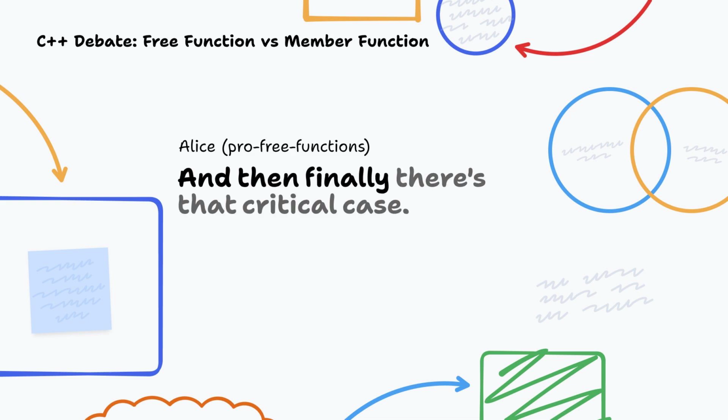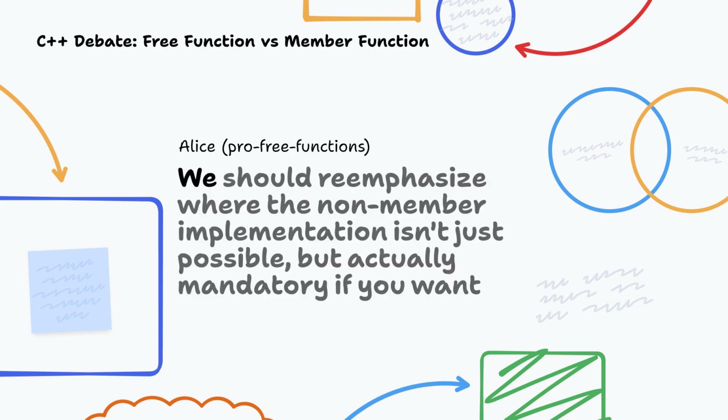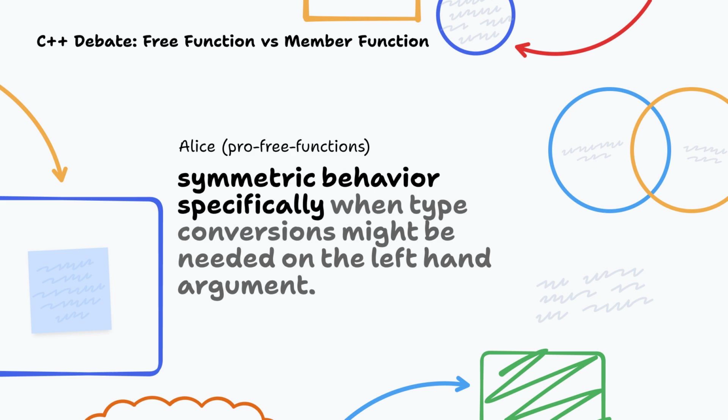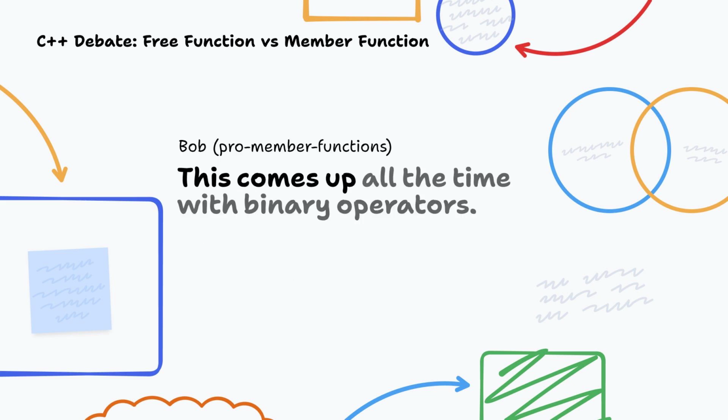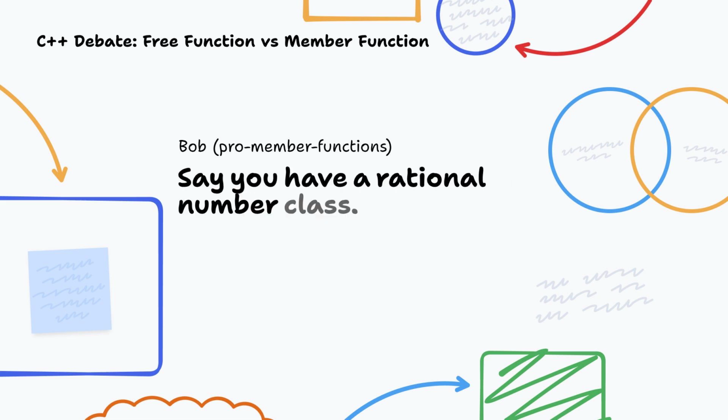Exactly. And then finally, there's that critical case we should re-emphasize where the non-member implementation isn't just possible but actually mandatory if you want symmetric behavior, specifically when type conversions might be needed on the left-hand argument. Absolutely crucial point. This comes up all the time with binary operators. Say you have a rational number class.